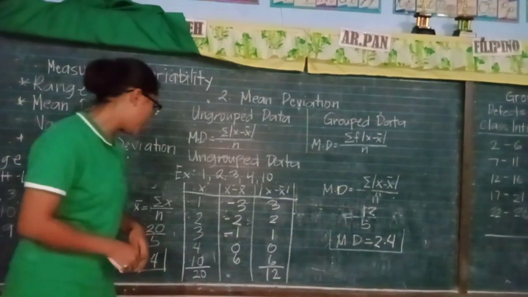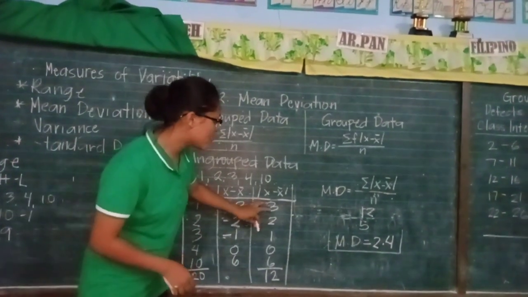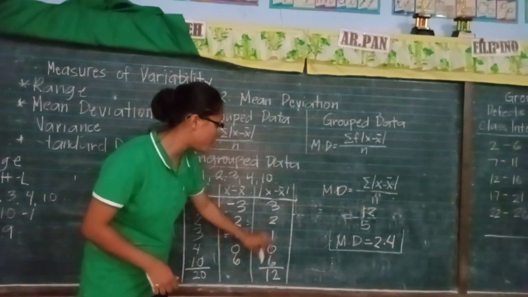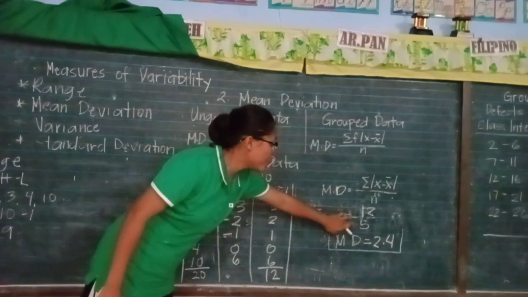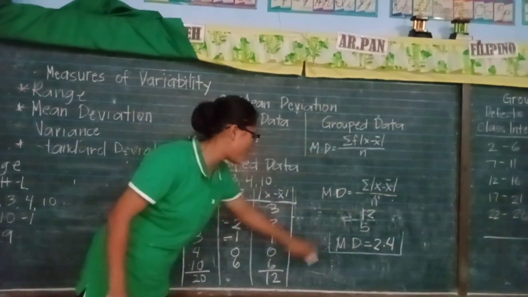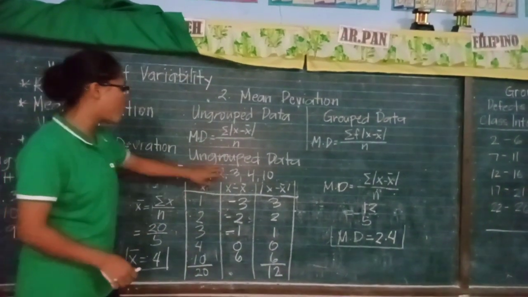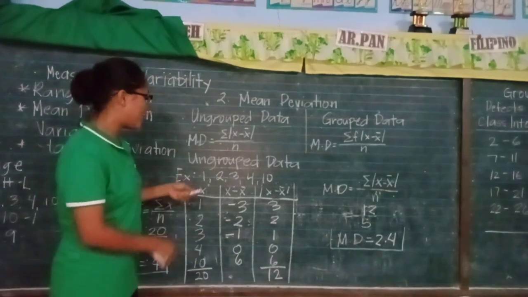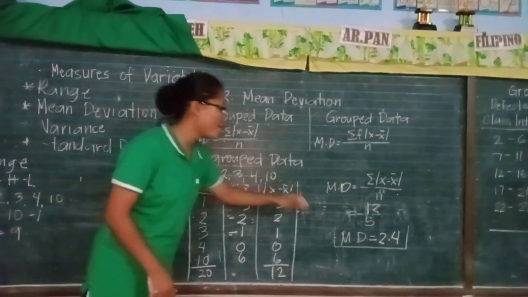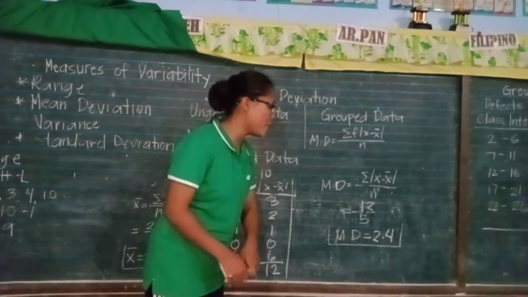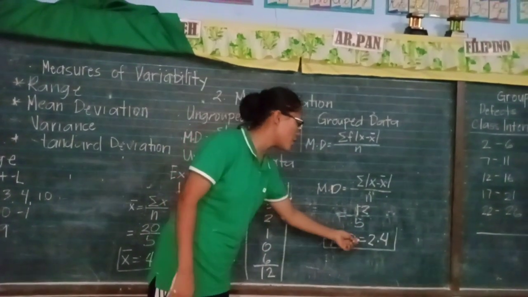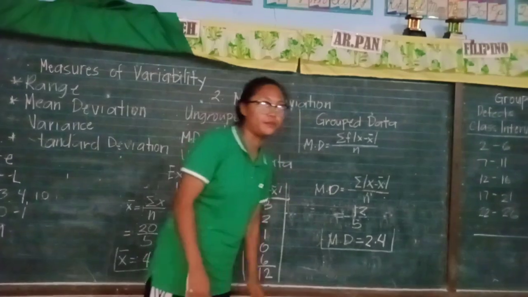Our 12 is the total of our absolute value of X minus mean, and our 5 is the number of our given numbers, 1, 2, 3, 4, 5. So 12 over 5, and our mean deviation is equal to 2.4.